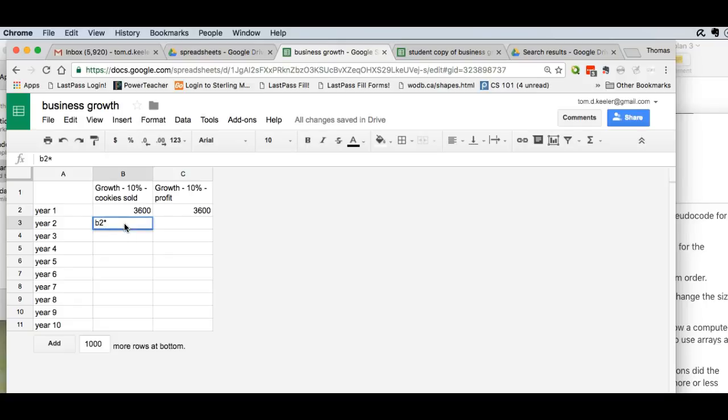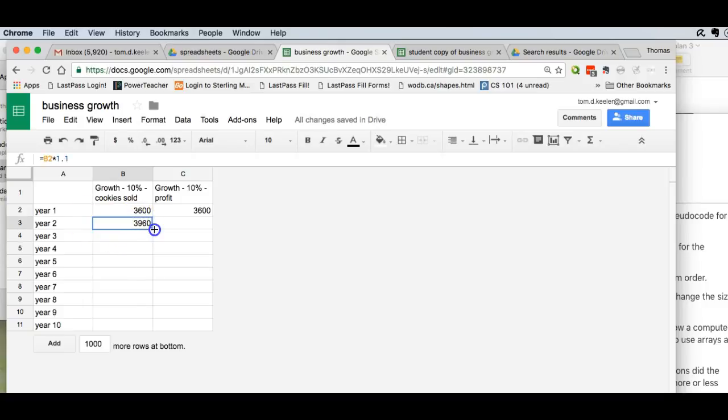Well, what does it mean to go up by 10%? Well, it means I have what I had last year, 1, and then 10%, so 1.10. So 1 and 10 hundredths. So times 1.10. Okay. And now, let's go ahead and put our equal sign so it does the calculation. Equals B2 times 1.10.